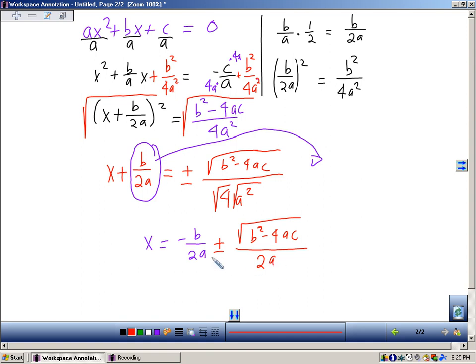So we have a common denominator of 2a, and so this becomes x equals negative b plus or minus the square root of b squared minus 4ac, all over the common denominator of 2a. And that is the derivation of the quadratic formula.